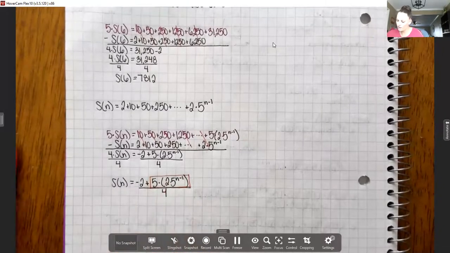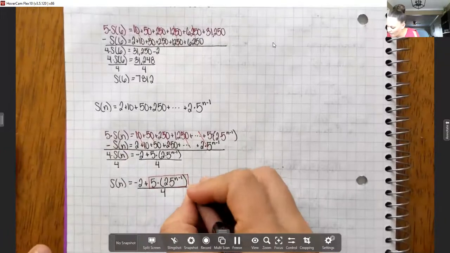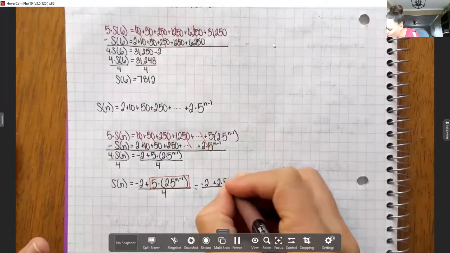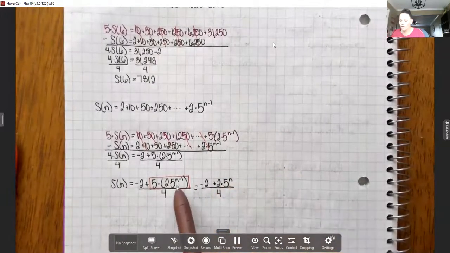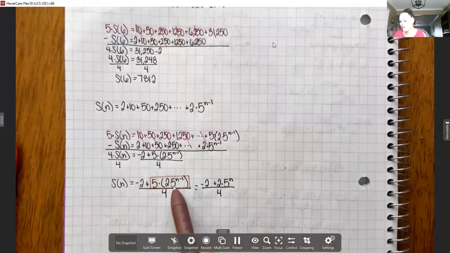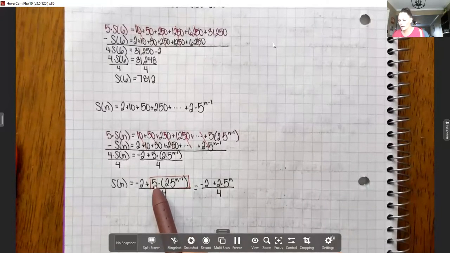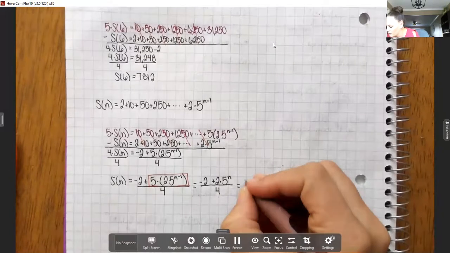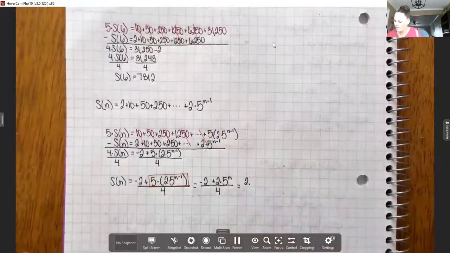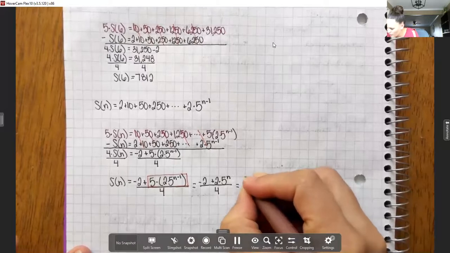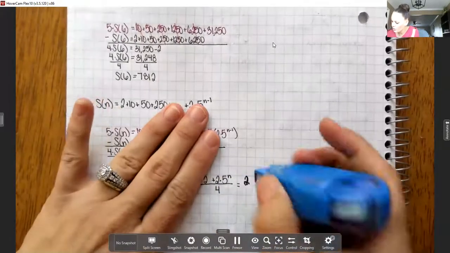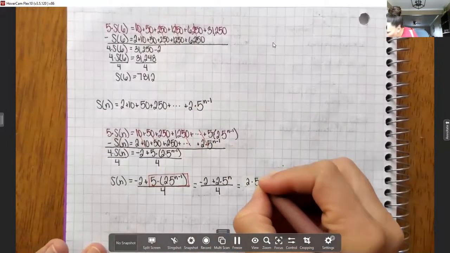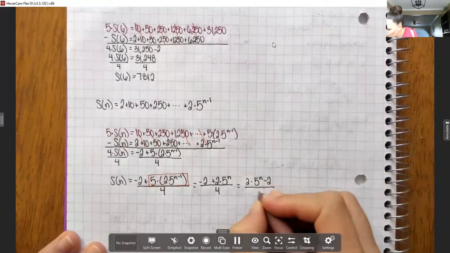So this part is going to be 2 times 5 to the power of n. Remember, 5 to the power of n minus 1 is how many 5s we're multiplying together. But I have one more right here, so that makes the minus 1 go away. If I rearrange this, it's 2 times 5 to the power of n minus 2, all divided by 4.